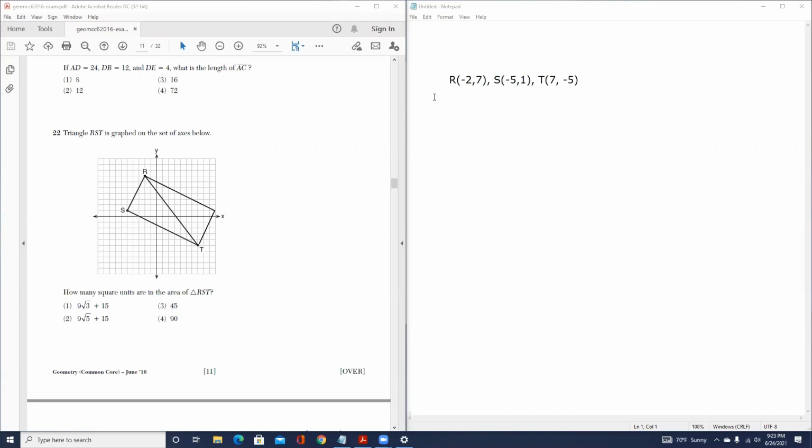And in this case, we'll need to use the distance formula. This is actually a rearrangement of the Pythagorean theorem.